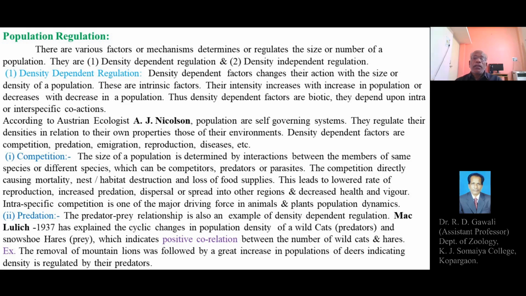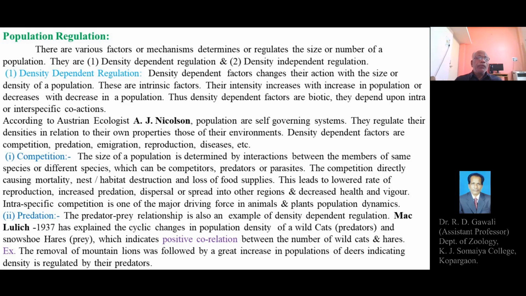So ultimately, the population size of the wildcats will increase because of the availability of plenty of food in the form of snowshoe hares. So McCulloch explained the cyclic changes in population density of the wildcats, that is predators, and the snowshoe hares, which indicates the positive correlation between the wildcats and the hares.